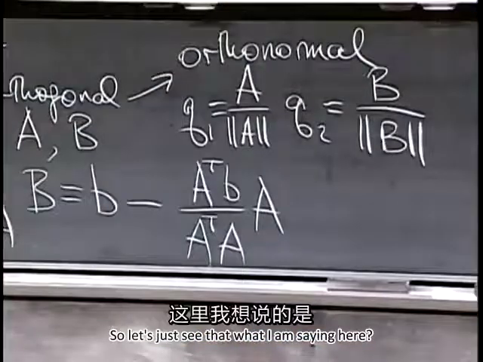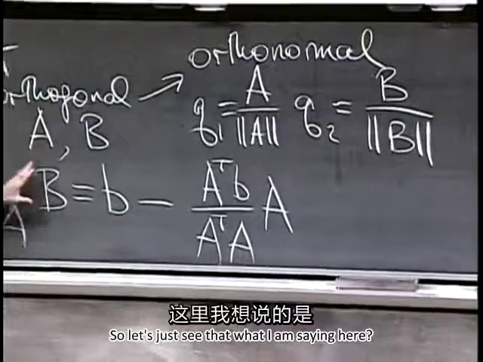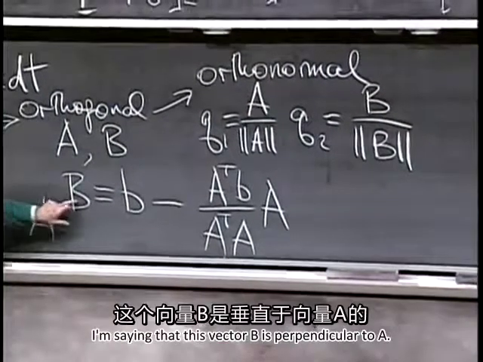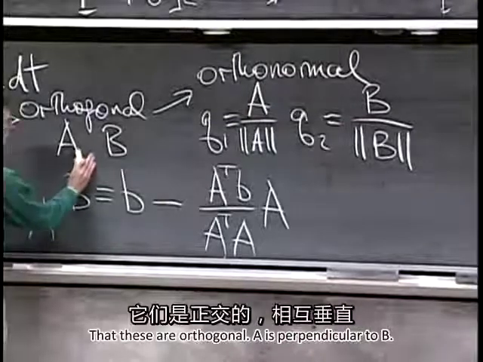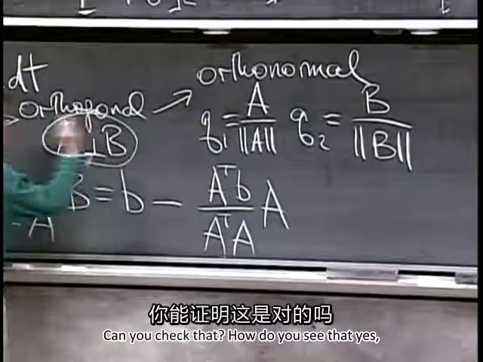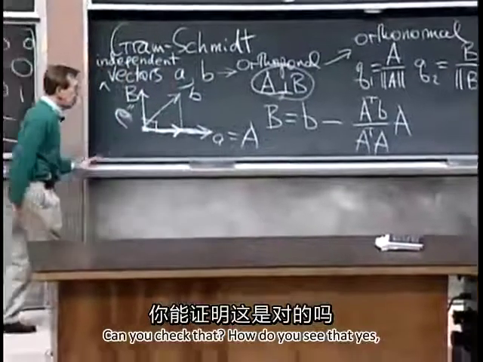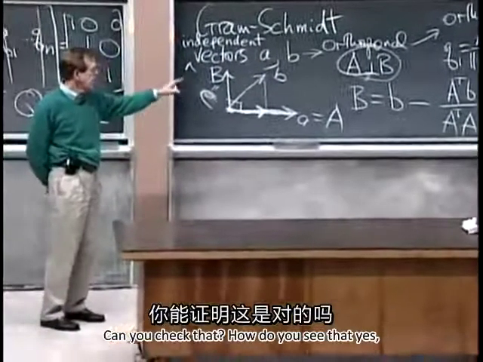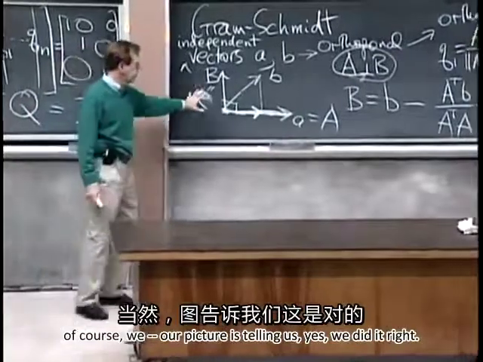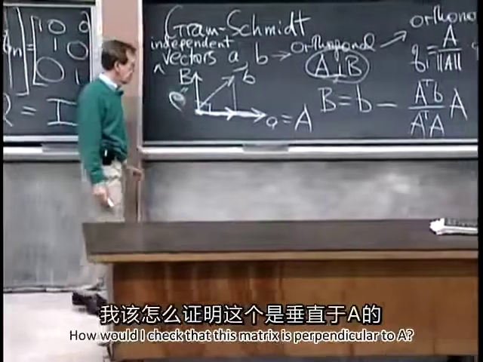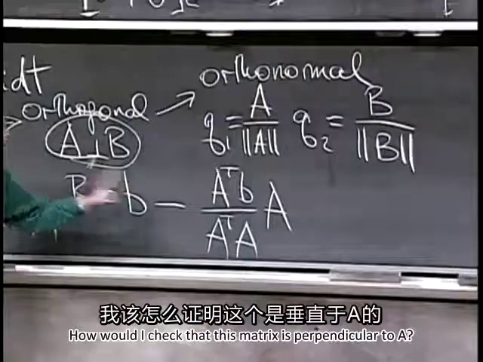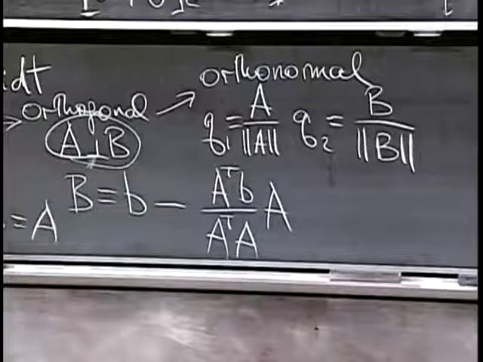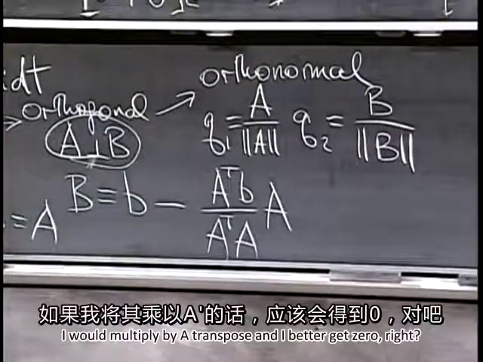So let's just see that. What am I saying here? I'm saying that this vector B is perpendicular to A. That these are orthogonal. Can you check that? How do you see that? Yes, of course, our picture is telling us we did it right. How would I check that this is perpendicular to A? I would multiply by A transpose, and I better get 0, right?